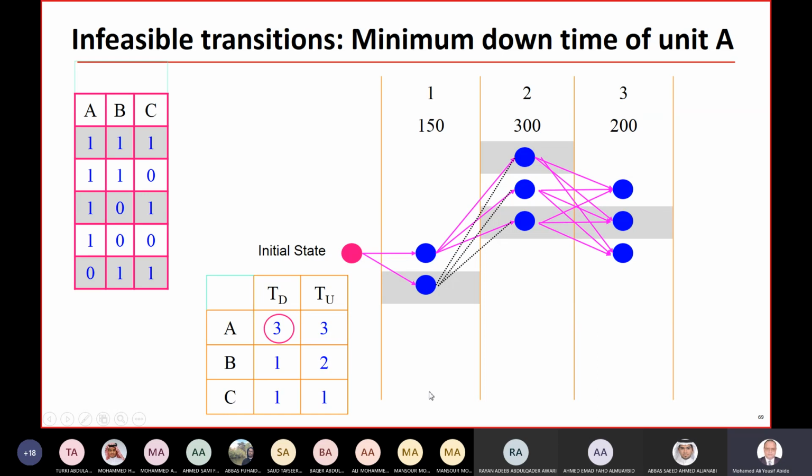Okay, can we investigate the others? Here we have this 1 0 0. This is a combination 1 0 0, and this one is 1 1 1. Right? And the other is 1 1 0. And this one is 1 0 1.